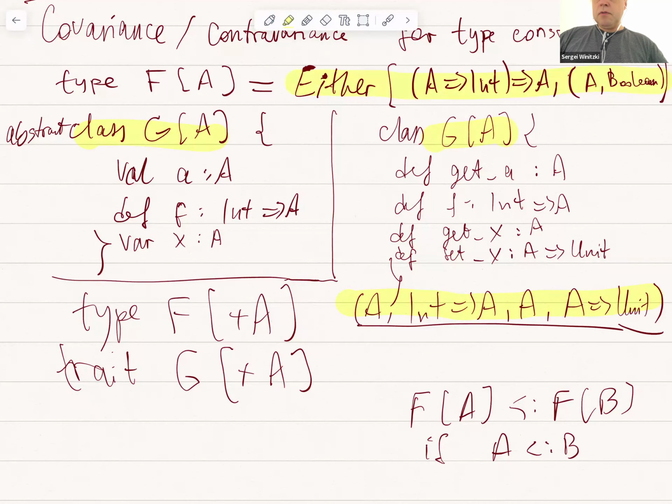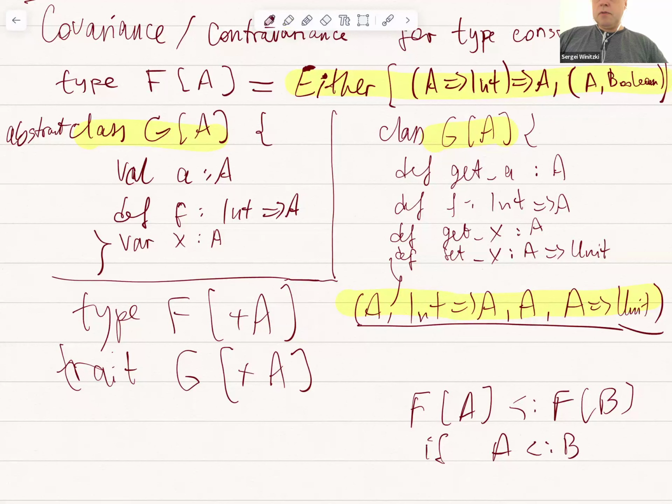Now, if you squint a little and look at where the type parameter is in these type expressions, you will find that sometimes the type parameter is to the right of a function arrow and sometimes to the left of the function arrow. So the positions to the right are called positive and the positions to the left are called negative.